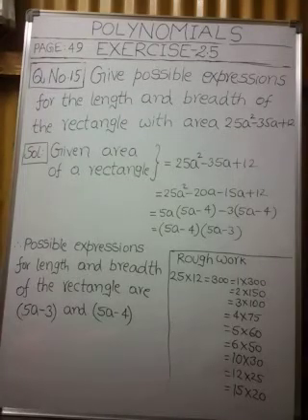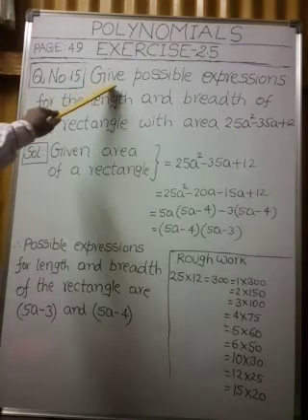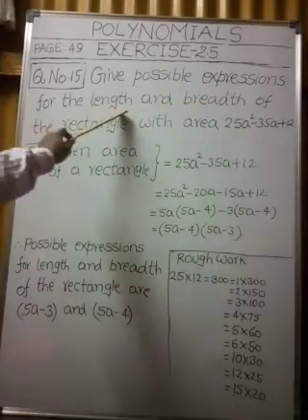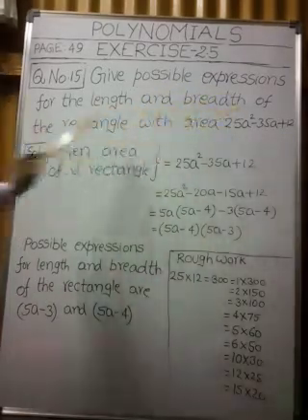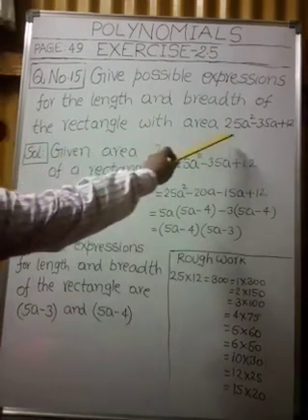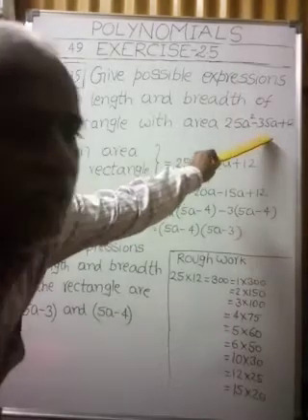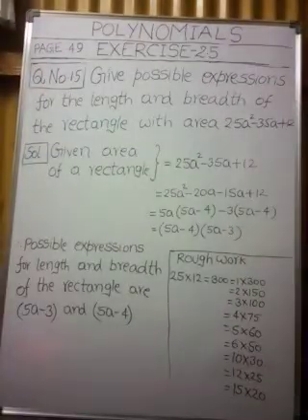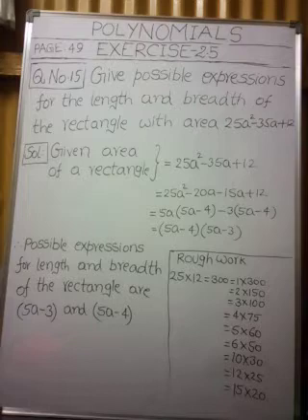Now come to the question number 15. Give possible expressions for the length and breadth of the rectangle with the area 25a square minus 35a plus 12. Understood the question, my dear children?